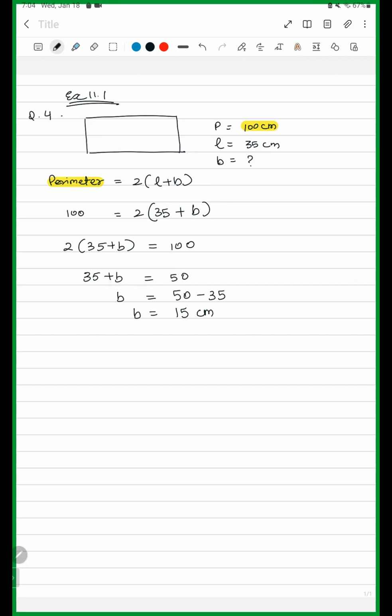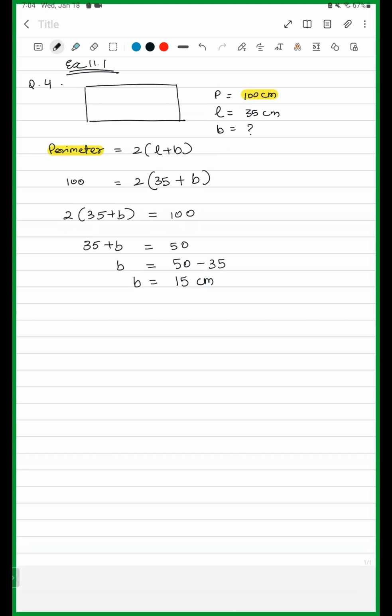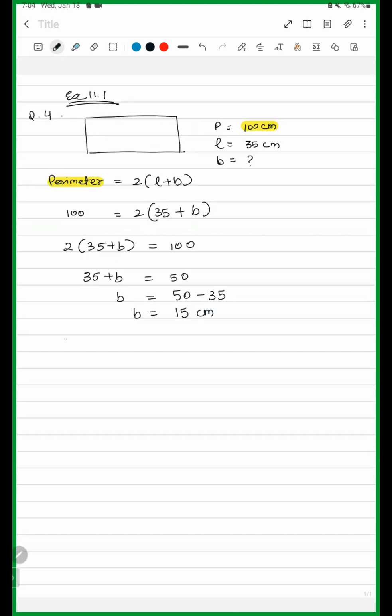Now you have to find the area. So area is equal to length multiplied by breadth. Very good. Area is equal to L into B. L is what? 35 centimeters. B is what? 15 centimeters.